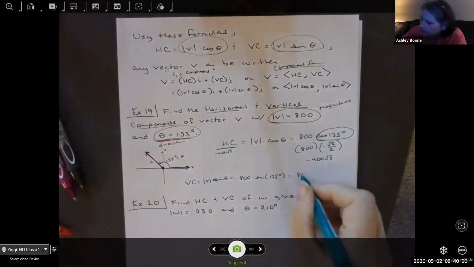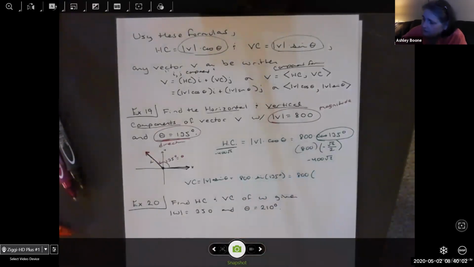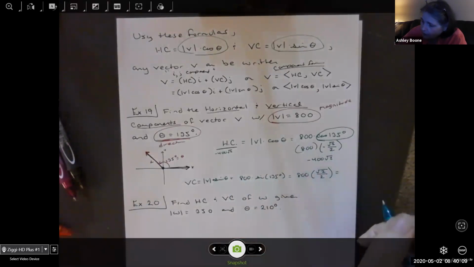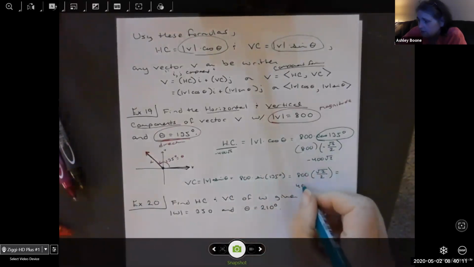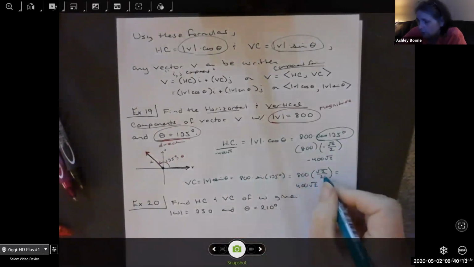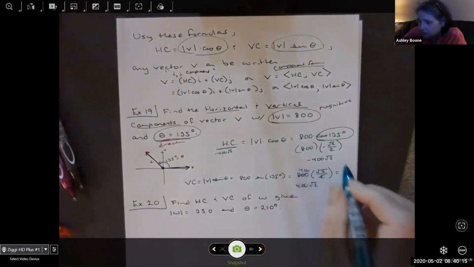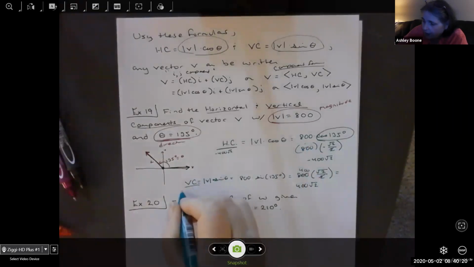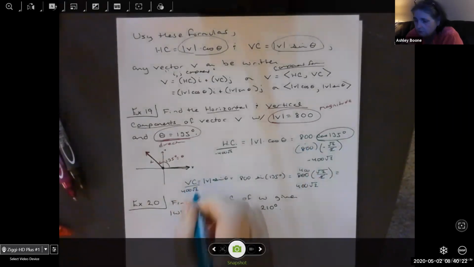So that's going to be 800 times the sine of 135. Sine of 135 is positive root 2 over 2. 800 times square root of 2 over 2 is 400 times the square root of 2, because 2 will go into 800 400 times. That's what I did in both of those. So my vertical component is a positive 400 root 2.